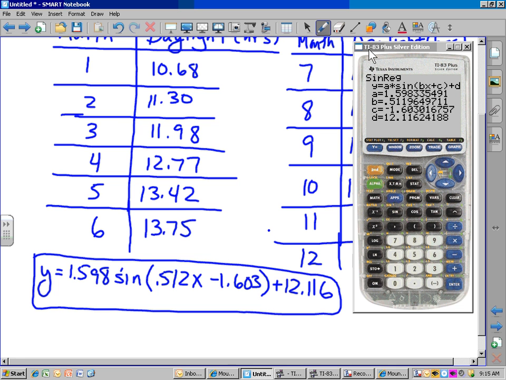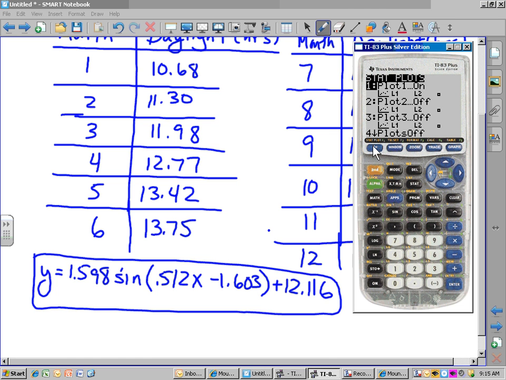That's a model that tells us the number of daylight hours. We can predict now in the future what that would be. If you want to graph that, you'd hit second y equals, go to stat plot, and turn the first one on, list 1, list 2.